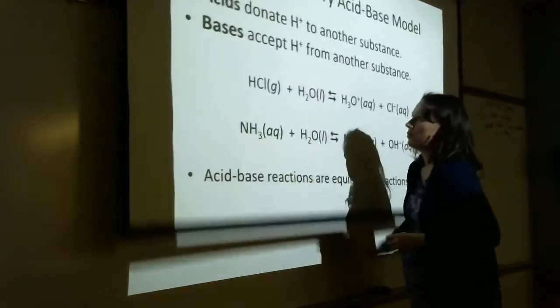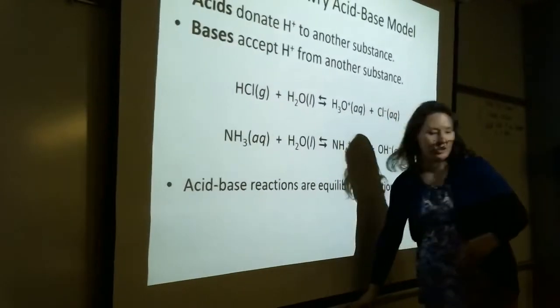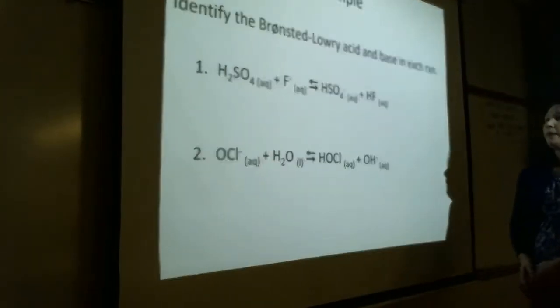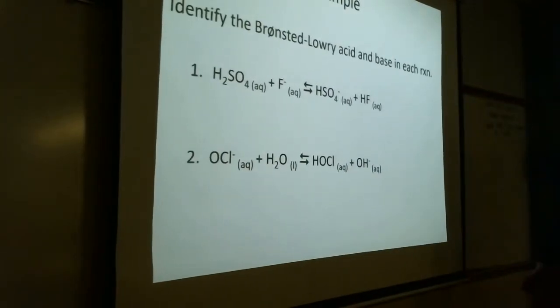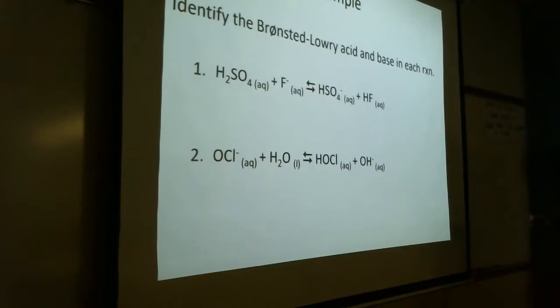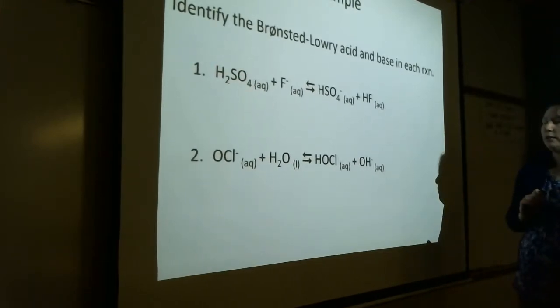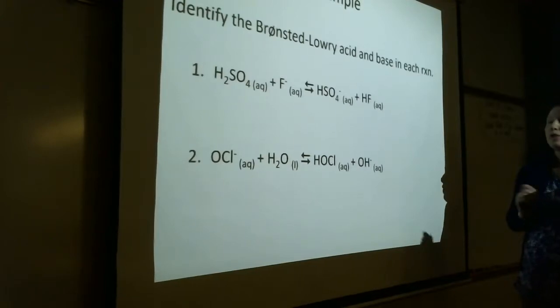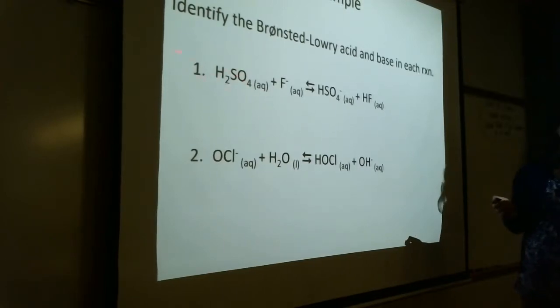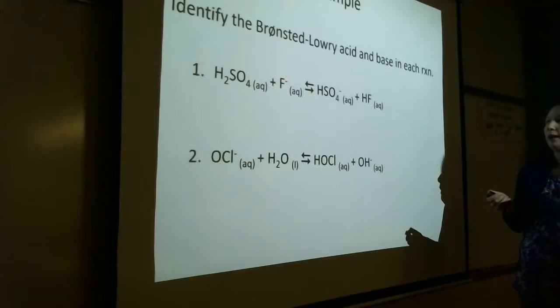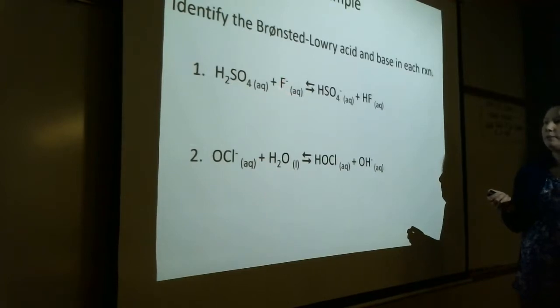All right, so according to the Bronsted model, acids donate, bases accept. So let's go through this one again, just real quickly. H2SO4, is it donating or accepting? Donating, so that makes it the acid, and this is the base, right?